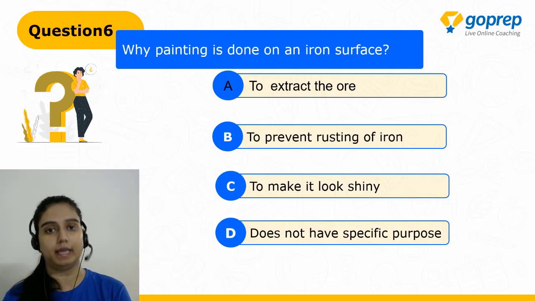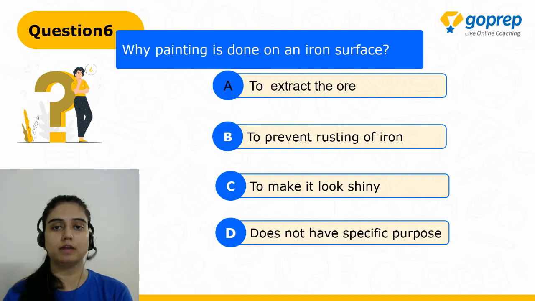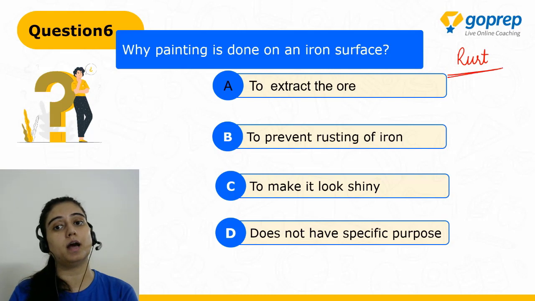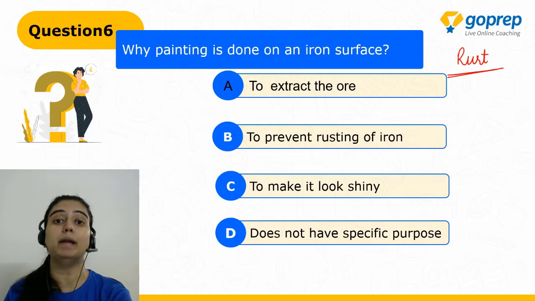Iron will start to decay. It will change its texture. It will lose its shine, right? If you leave the iron nail for some days in the presence of the atmosphere, it will lose all its shine. That is called rusting. Rusting is basically an oxidation phenomenon, when your metal reacts with oxygen and forms metal oxide.